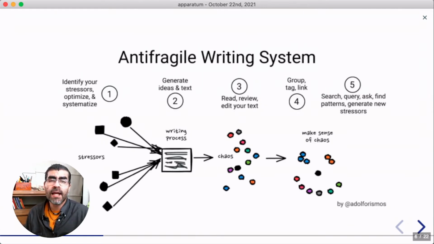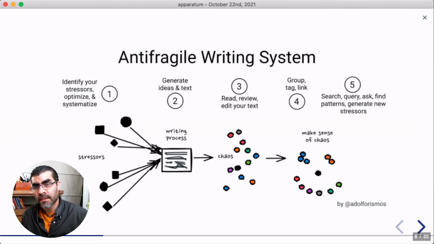So we apply antifragile ideas, antifragile heuristics, to note-taking and thinking and writing, and try to make our writing and our note-taking robust and even antifragile. We see an antifragile writing system that consists in improving your writing process with some healthy stressors that can help you produce more chaos.